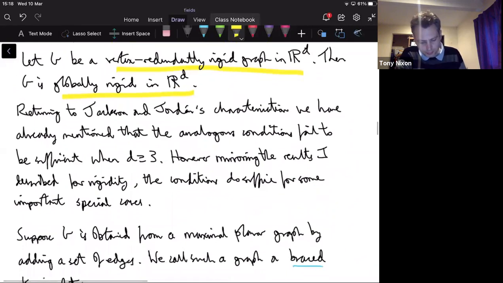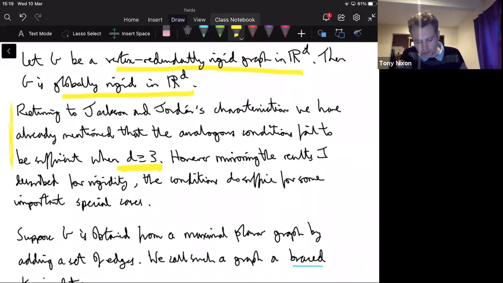Okay, so we've talked about two-dimensional global rigidity. I want to say a little bit more. We already showed that there exist K5,5, for example, in 3D as an example of a four-connected redundantly rigid graph which is not globally rigid.